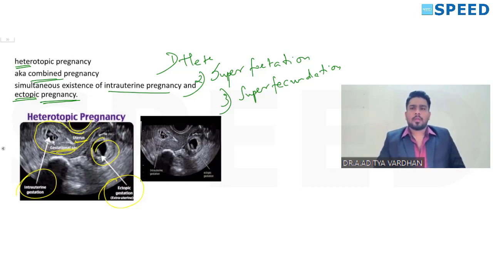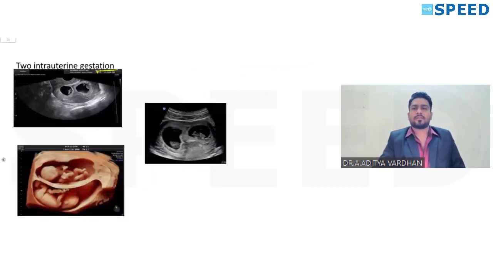Next slide. The other option they gave is two intrauterine gestational sacs. This is simple, straightforward. It's like a twin pregnancy. I have just given you the diagram, transvaginal ultrasound, giving you two fetuses inside the uterine cavity, twin gestation. This is how it will appear, friends.